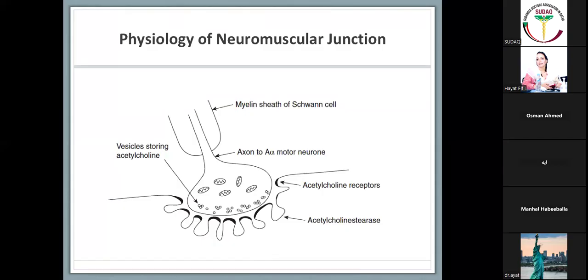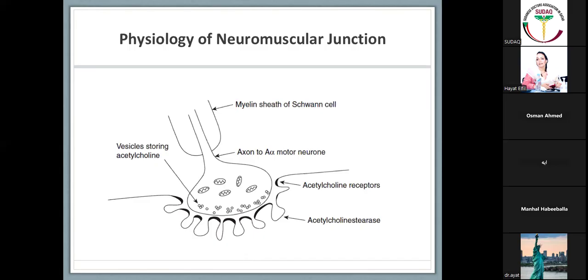So the neuromuscular junction forms a chemical bridge between the motor neuron and the skeletal muscle. And you can see from the diagram that the axon of the alpha motor neuron is myelinated, but the small distal part of it is unmyelinated.